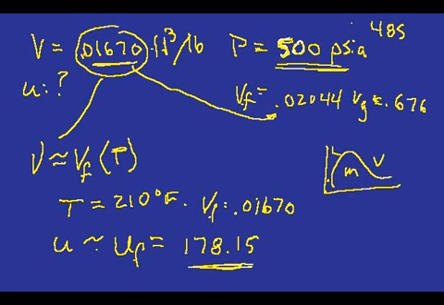U equals 485, which is way wrong, because the temperature would be much higher. So the temperature that gives you 0.01670 is 210 degrees Fahrenheit, and that's what we use to find the rest of the properties, like for instance internal energy.